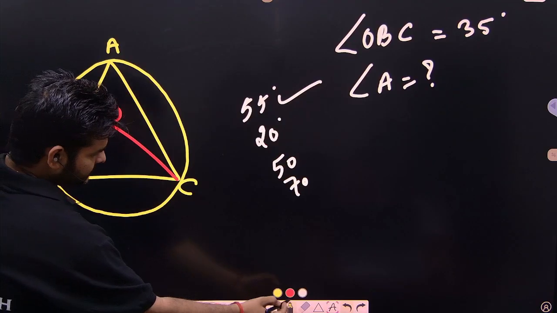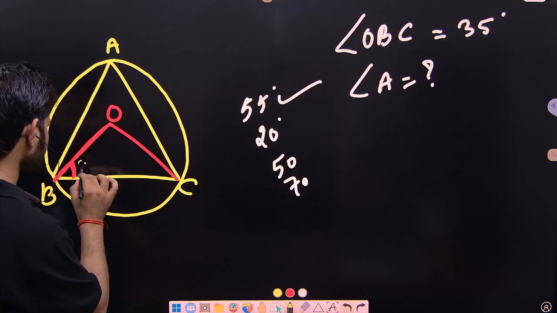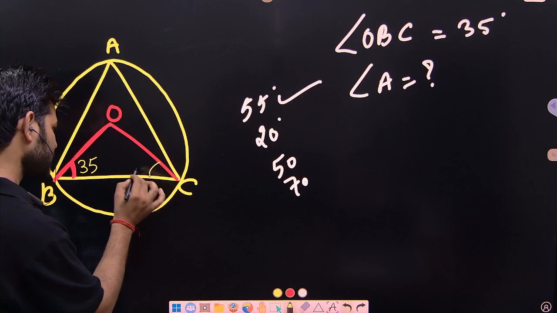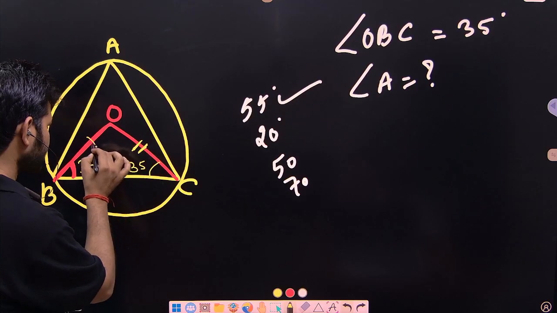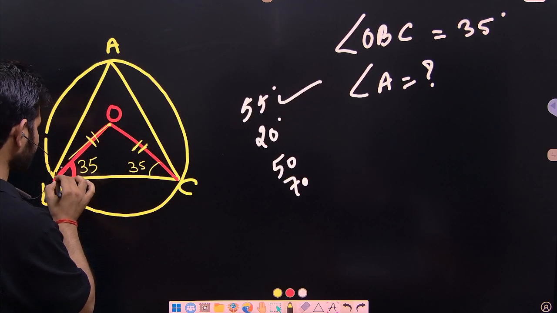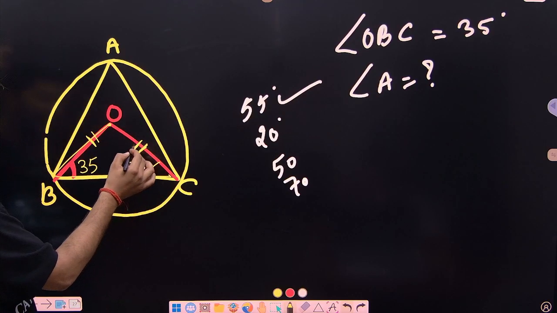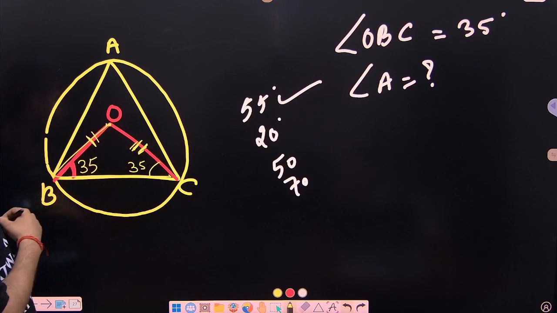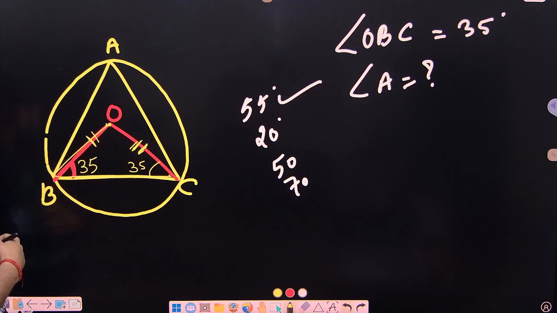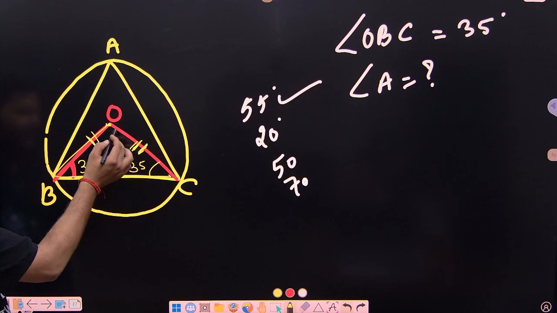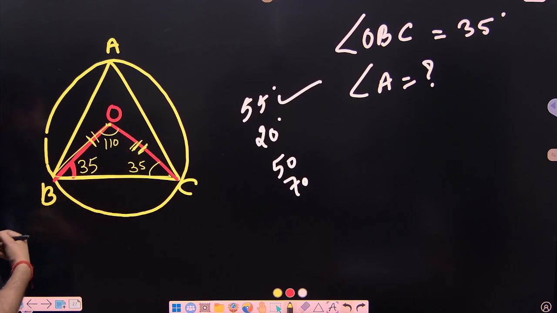If this angle is 35, guys, this must be 35. These all are the radius, and radii are the same. If two sides of a triangle are equal, the opposite angles must be equal. So this is 35, this is 35, and that would be 110.